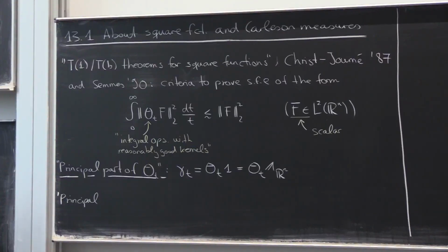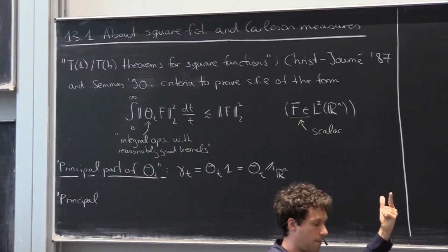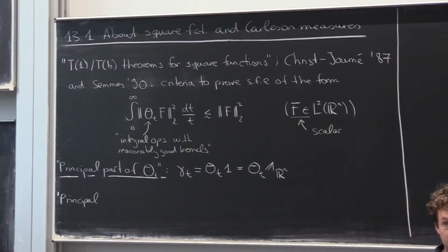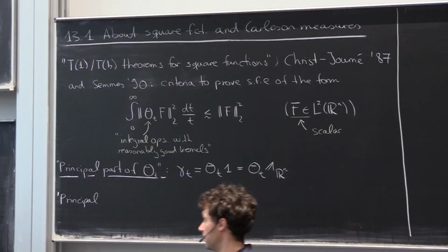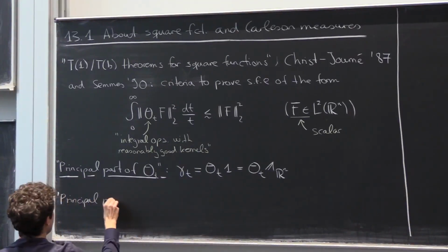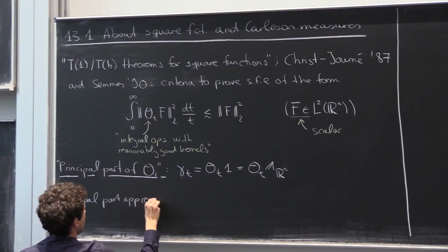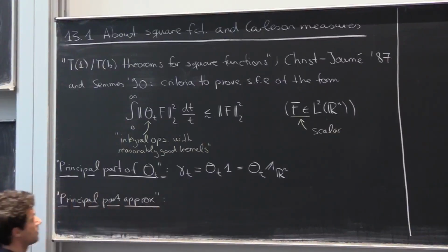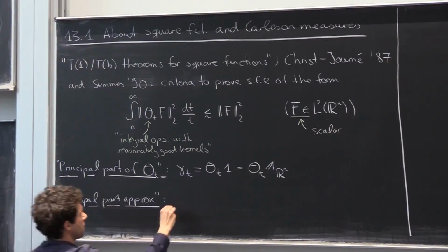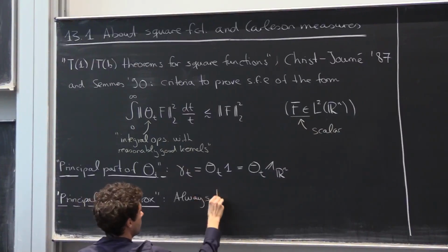And while this estimate turned out to be not always true, there was still an auxiliary estimate using this principal part that turned out to be always true. And this is called the principal part approximation.